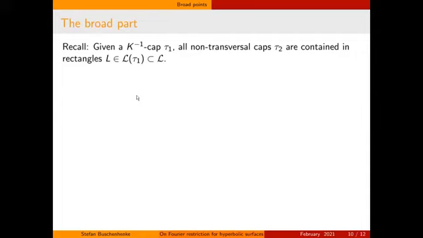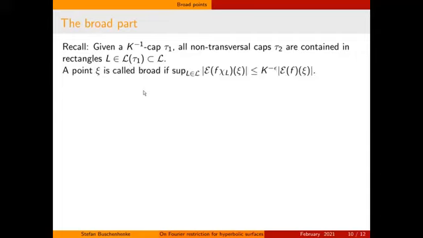So that's some subfamily of all rectangles L. And broadness now means that the contribution by F in this rectangle L is considerably smaller than the operator applied to all of F. So somehow that's the idea, that we put these caps into these rectangles, and the rectangles are considerably smaller. So we do something like a bootstrap argument.